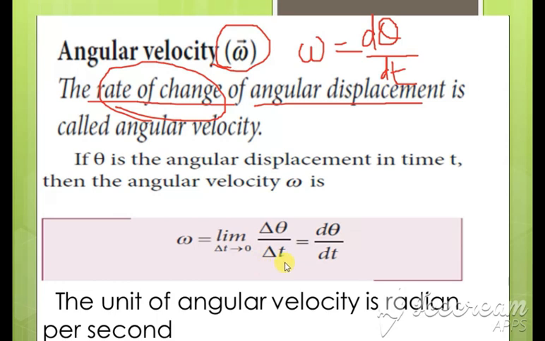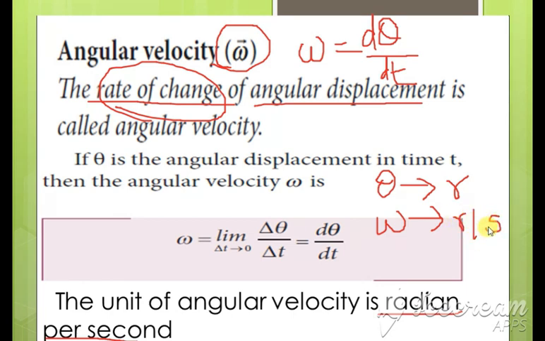That is what is written here. Before this, I wrote it as del, because del is more or less the same as d, so we write del theta by del t. The unit for angular velocity is radian per second, and for angular displacement the unit is just radian.